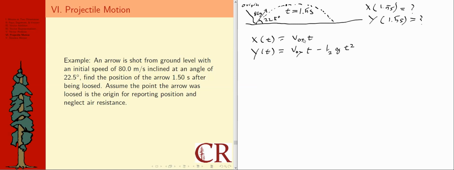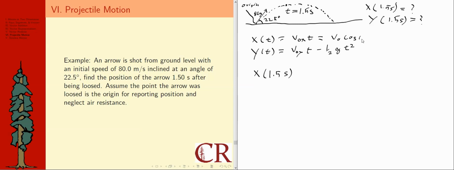So these, again, are the formulas that we had for this type of projectile motion. Let me look at the x one first. If I'm going to do x of 1.5 seconds, the thing we need to remember is that this v naught x is really equal to v naught cosine of theta, which is always the hardest part to remember.